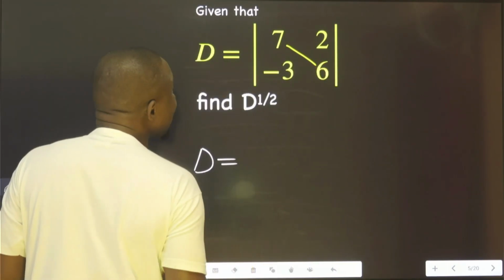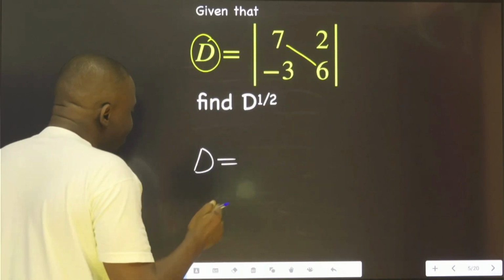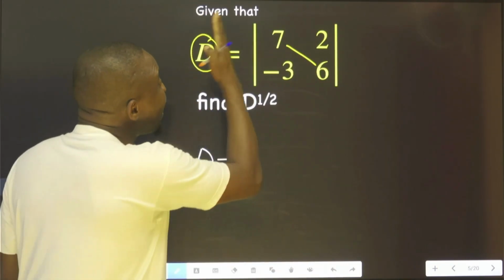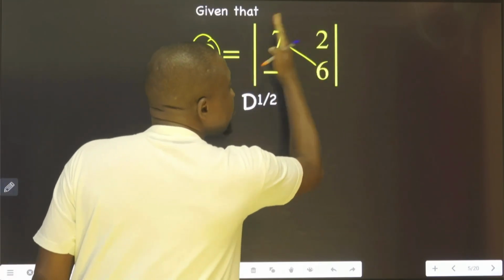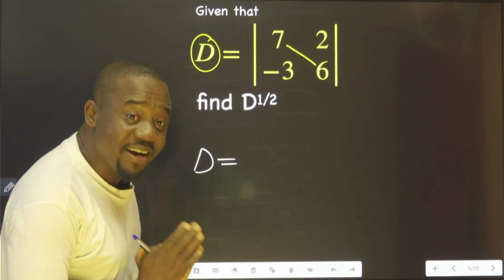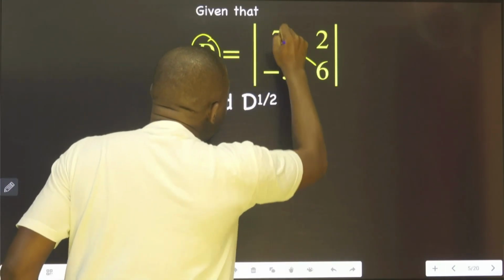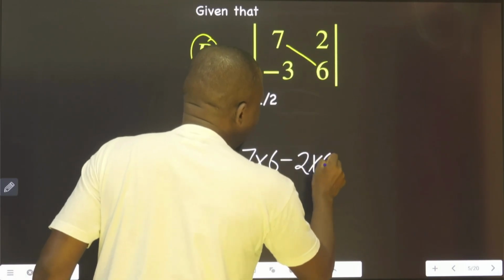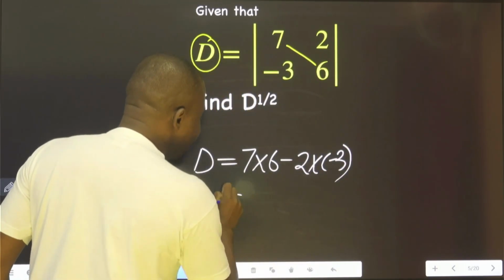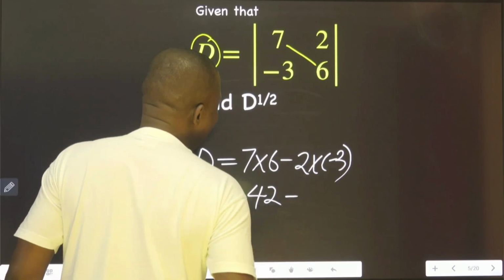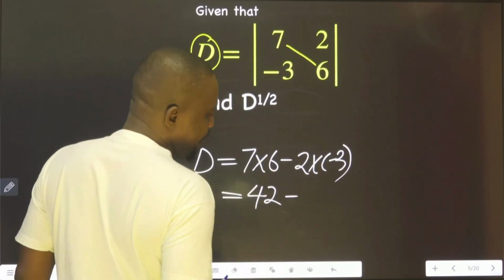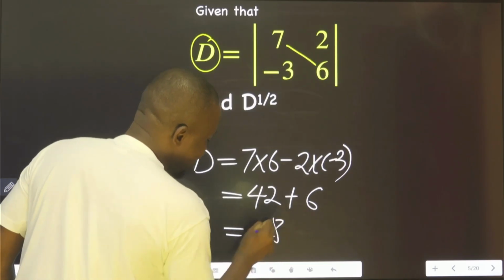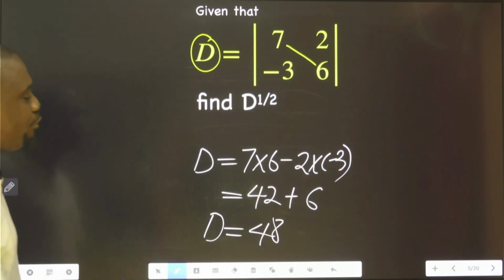I will simply say D is equal to this multiplied by this, minus 2 multiplied by minus 3, which is 42 minus, and because of this minus again, I put plus. Then we have 48. This equals 48.